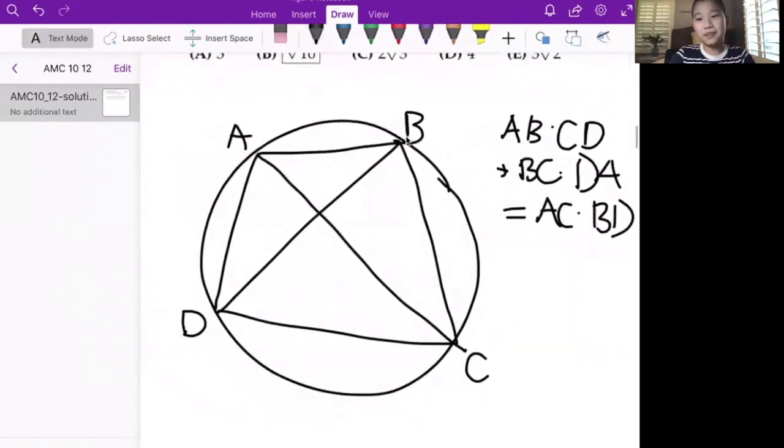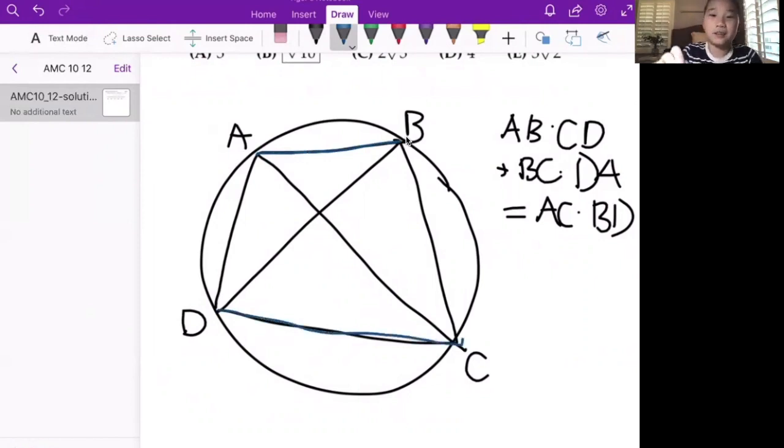Okay, that's very confusing. So how I remember it is, first I draw the two opposite lines that are not diagonals, and then I draw these two opposite lines that are also not diagonals.